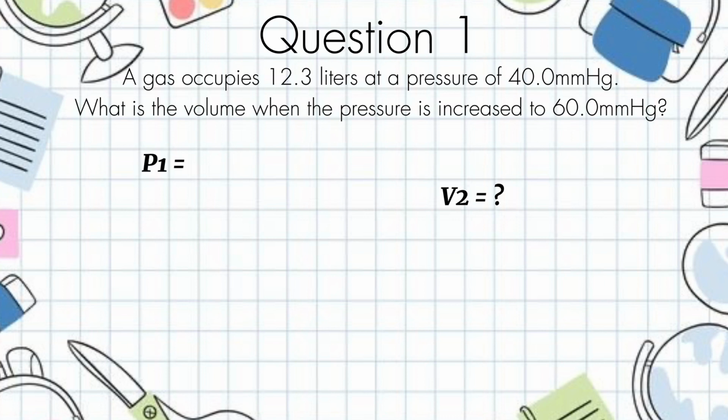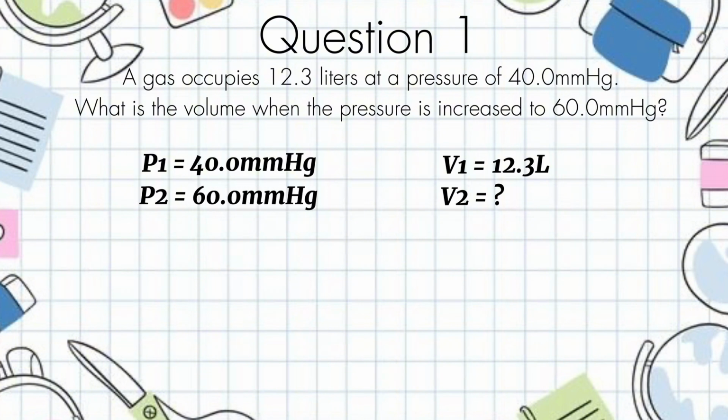The initial pressure, or P1, here is equal to 40.0 millimeters of mercury. The initial volume, or V1, here is equal to 12.3 liters. And next, the P2. It states in the question that the pressure is increased to 60.0 millimeters of mercury.